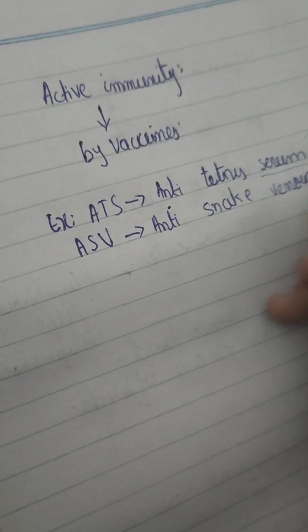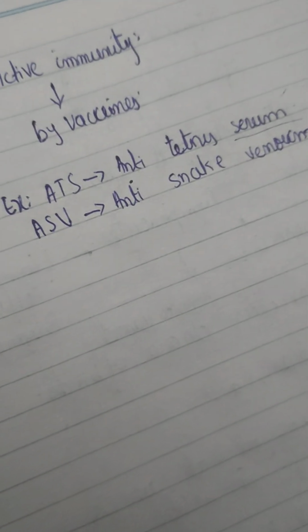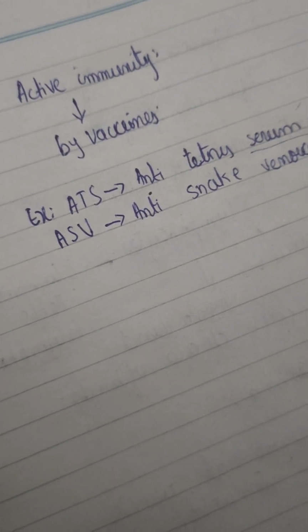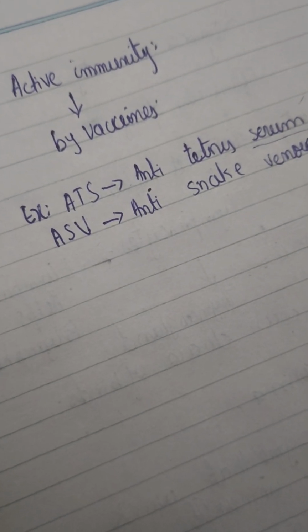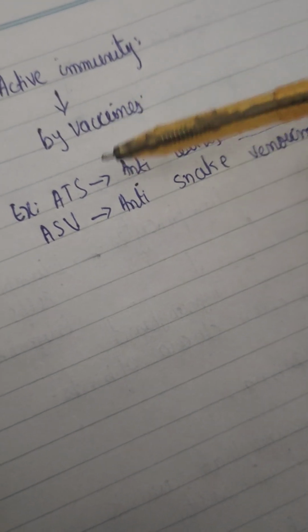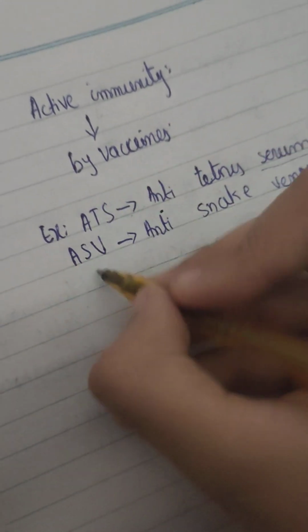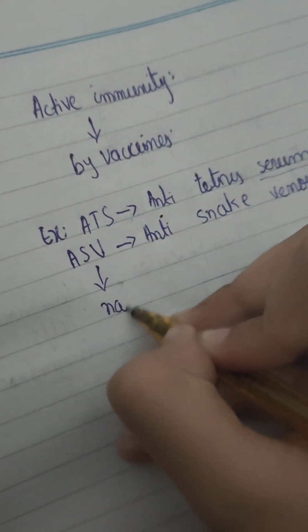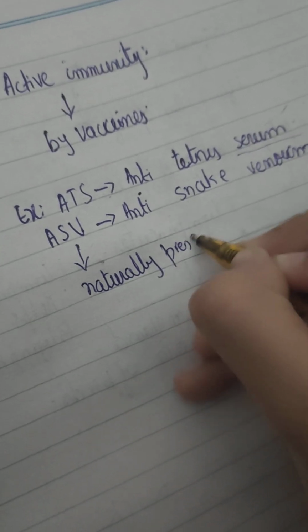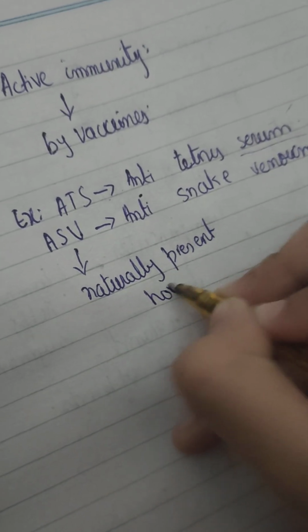You have heard that a snake is very poisonous, and for example it bites a human. How do we get this vaccine? This is naturally present in horses.